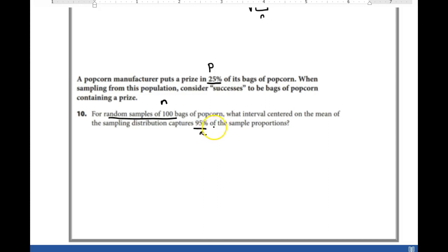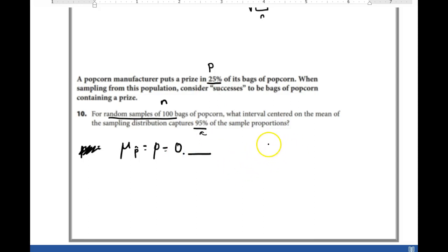So we did an example problem like this, but just remember to identify your mean. Let's go ahead and make that a little clearer. Alright, and remember to write that percent as a decimal.